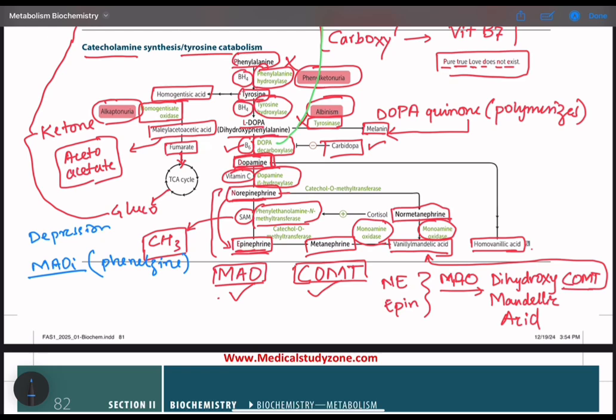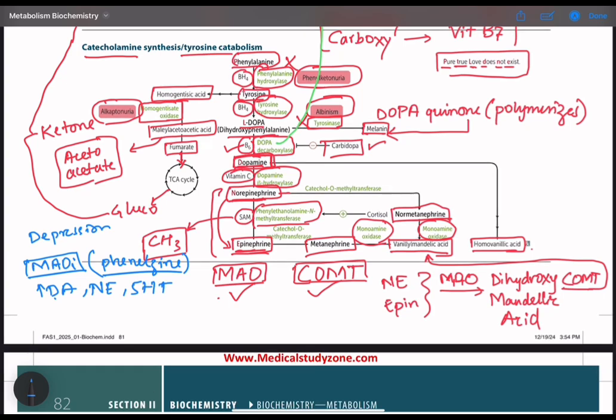The function of a monoamine oxidase inhibitor like phenelzine is to increase the levels of different neurotransmitters like dopamine, norepinephrine and serotonin, because these are all metabolized by the monoamine oxidases.